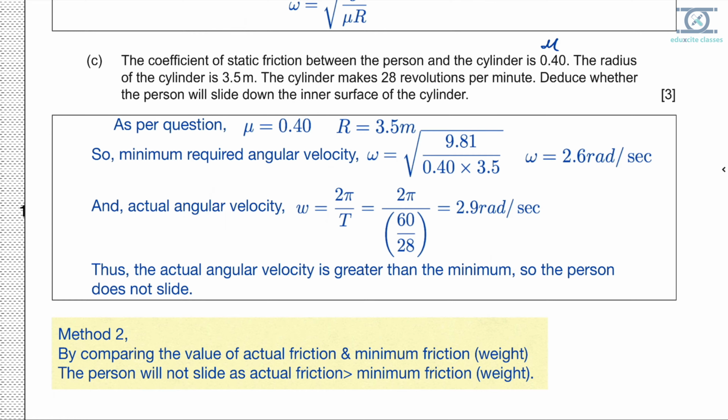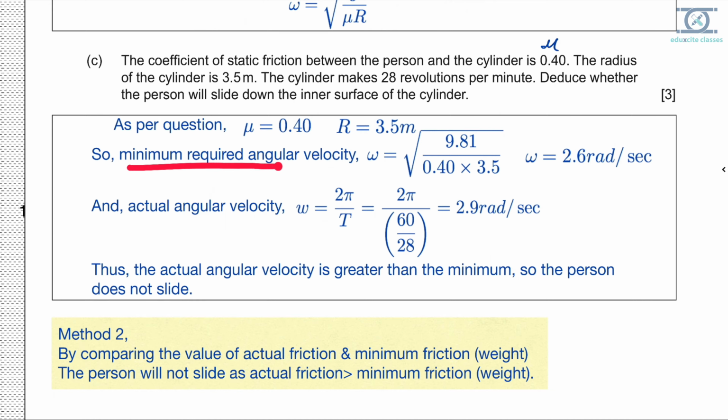Now in the question it is given that it is revolving 28 revolutions per minute. So what will be the time period? For one revolution it will take 60 upon 28 seconds, that is the time period. So by putting in the values we get 2.9 radian per second.